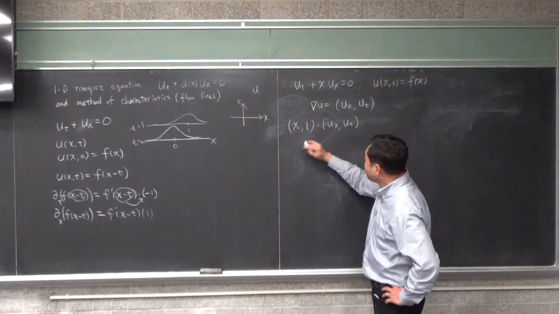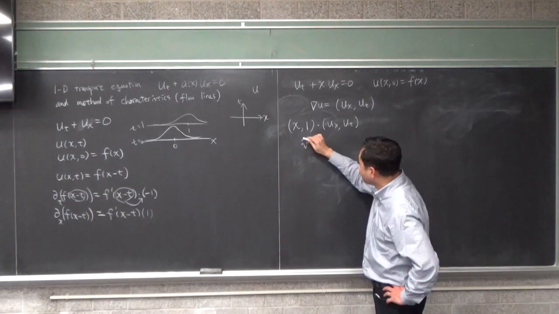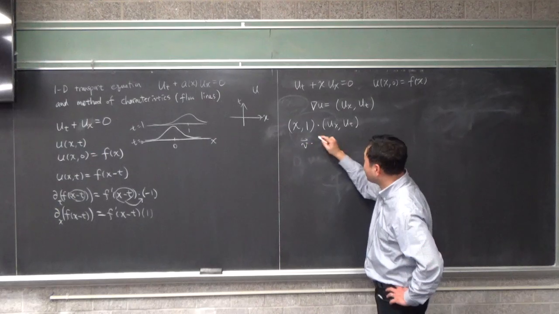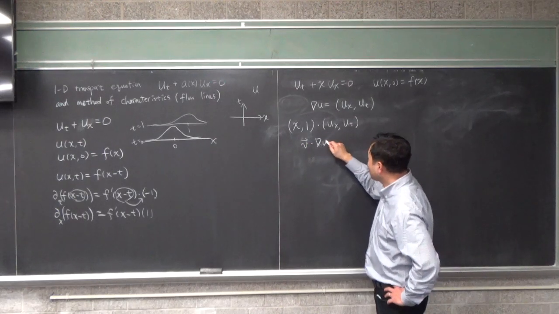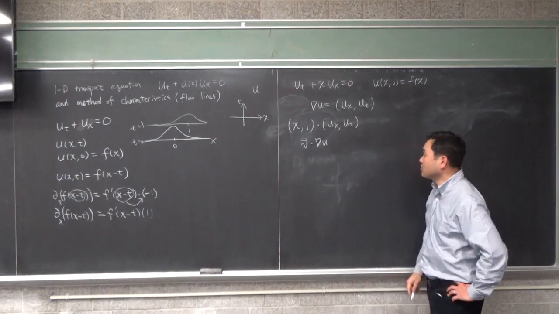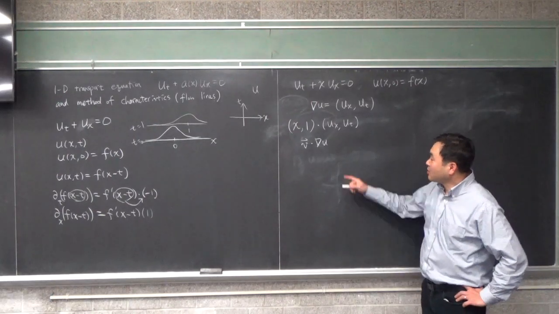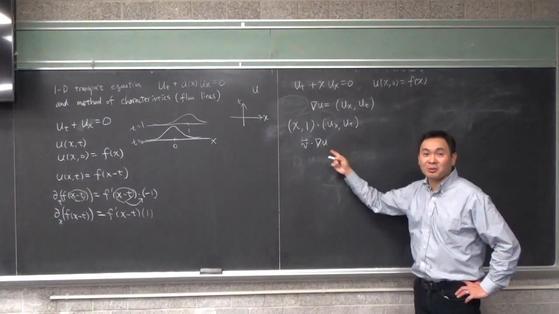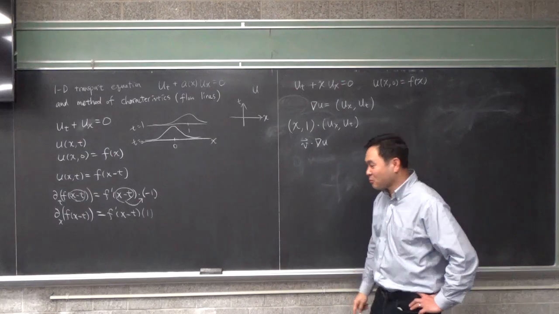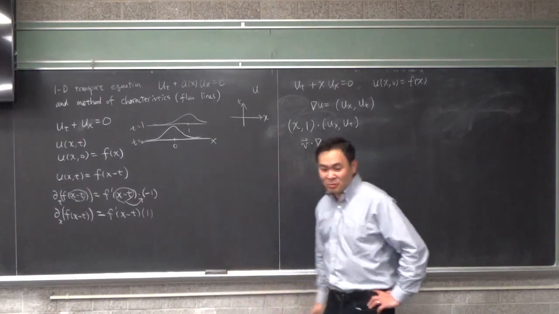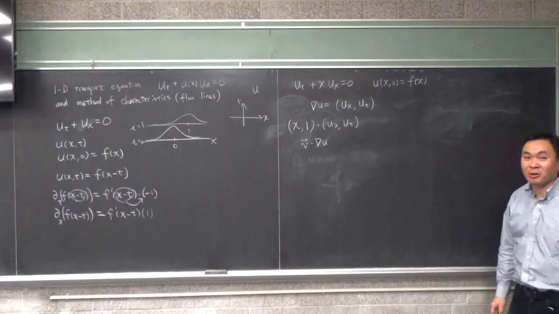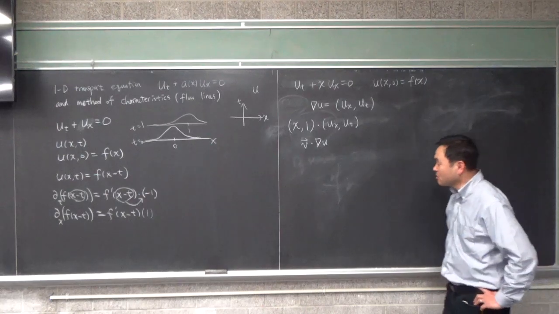And this is basically saying that you have some kind of a vector and you're doing a dot product with a gradient of a function. And you may have seen something similar like this. Unfortunately, a lot of you forget the multivariable calculus after you learn it.